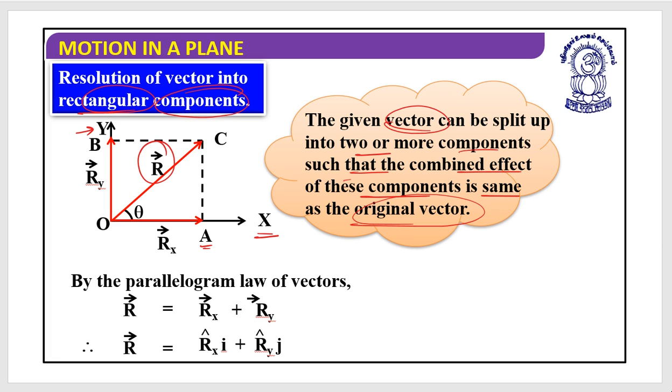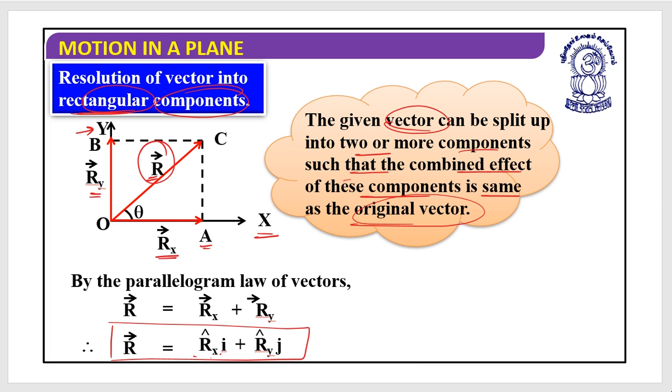This can be divided into two segments, one on the x-axis and one on the y-axis. When we divide into rectangular components, we generally divide any vector onto the x-axis or the y-axis, and if required the z-axis, but generally we do these two only, x and y.